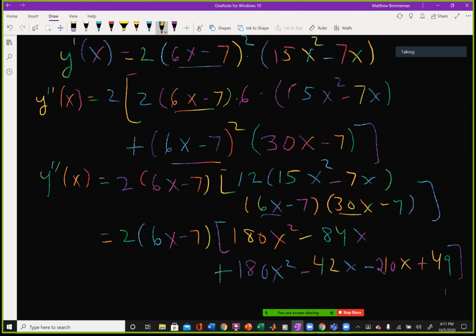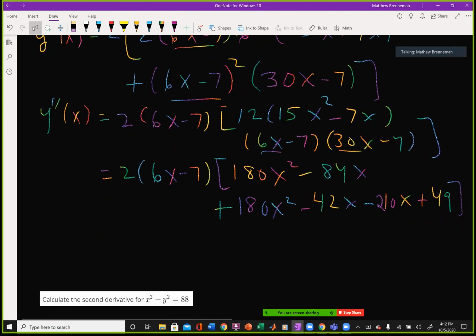Okay. And now we just have to be a little careful with the arithmetic, really, right? So this will be 2 times 6x minus 7. I have two 180x squared. So again, a good bookkeeping technique is to have the same sort of notation for like terms, right? So when I check my work, did I get all the x squared terms? Yeah, these are the two that are underlined. And that will be, what, a 360x squared.